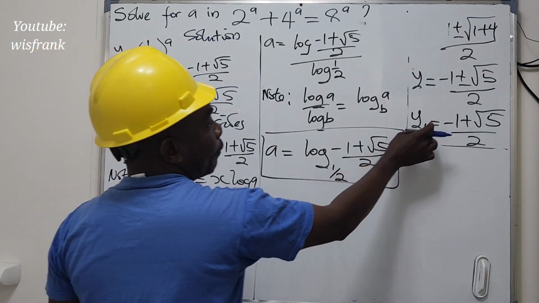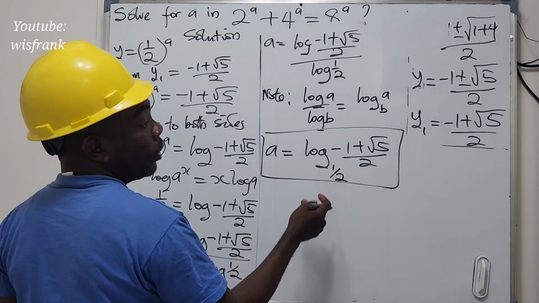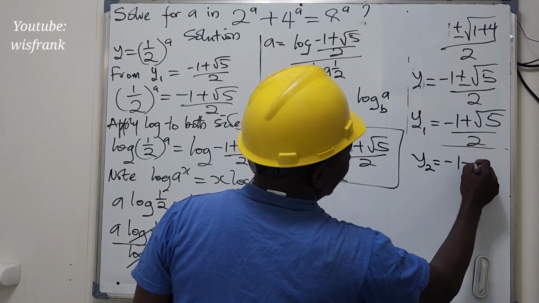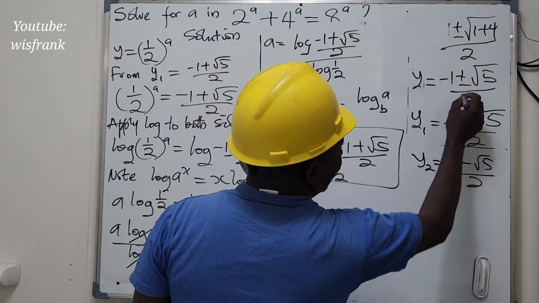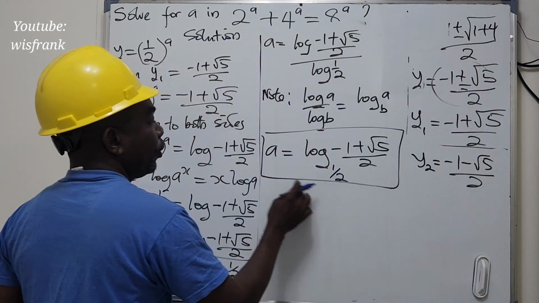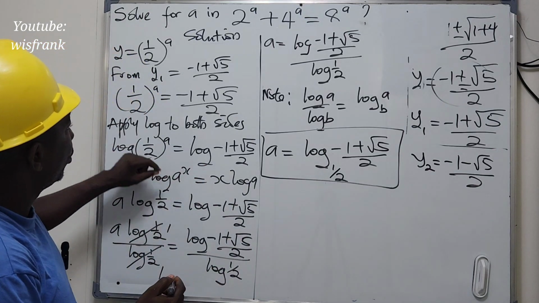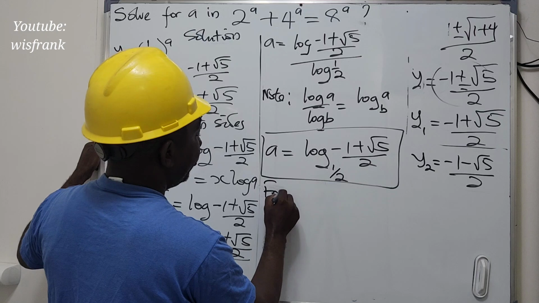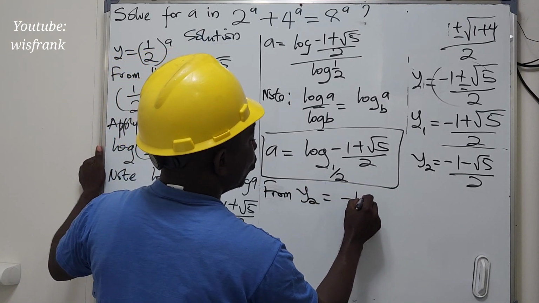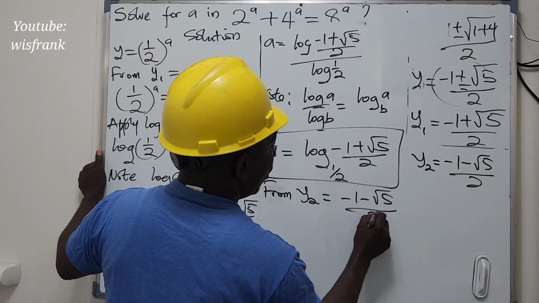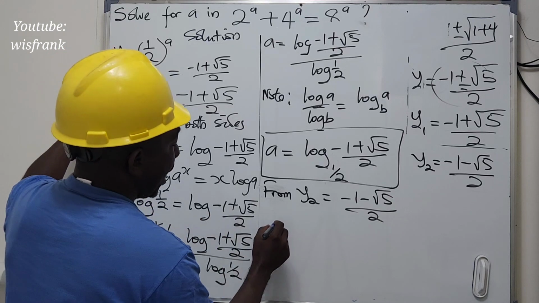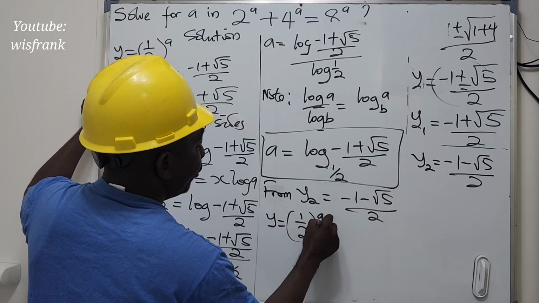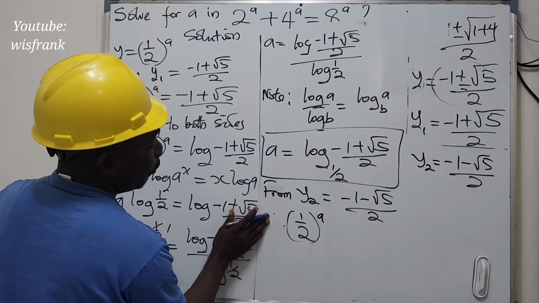Let us check the next one, which is y2. Our y2 was equal to (minus 1 minus root 5) all over 2, because we were taking from here. We recall that y was equal to (1/2)^a, so we substitute the value of y here.